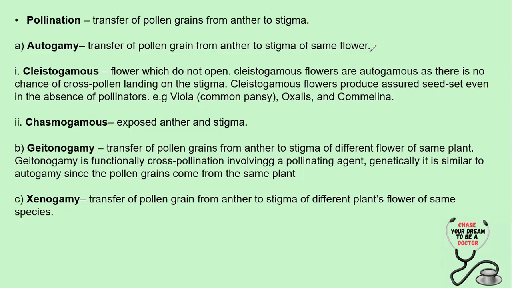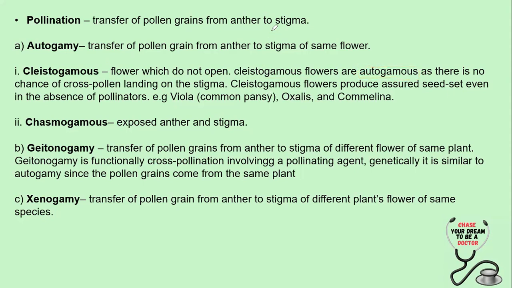So I'll erase everything and write it for you. The flowers which do not open at all, you will call them what? The cleistogamous flowers. Cleistogamous flowers are always autogamous, as there is no chance of pollen landing on the stigma of another flower.